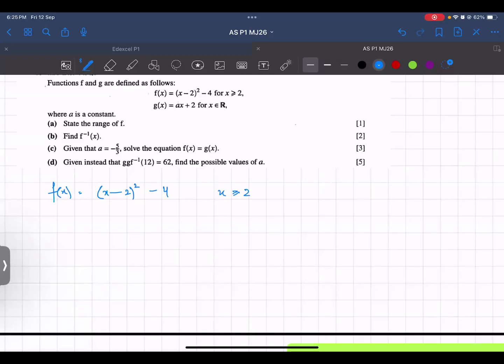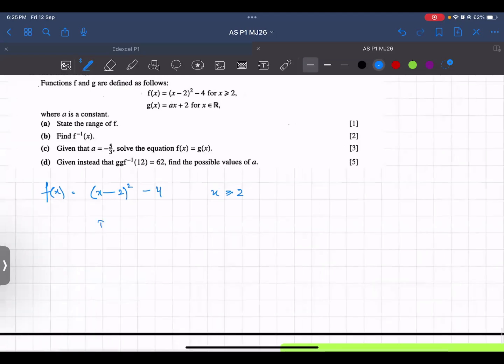So the turning point, we know, is (2, -4). The boundary value is 2, and at exactly 2, the value of y is -4.